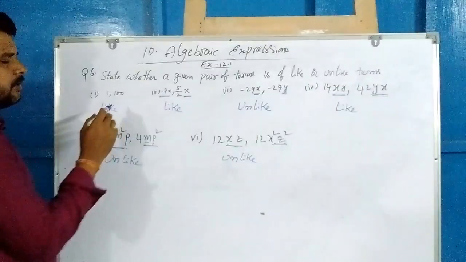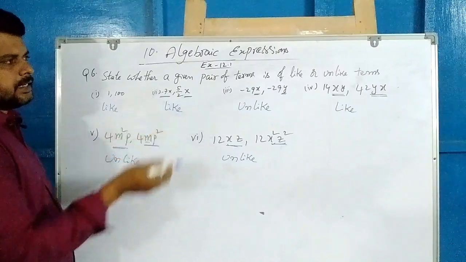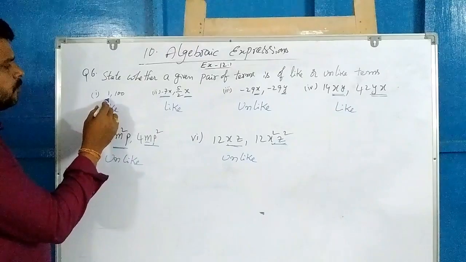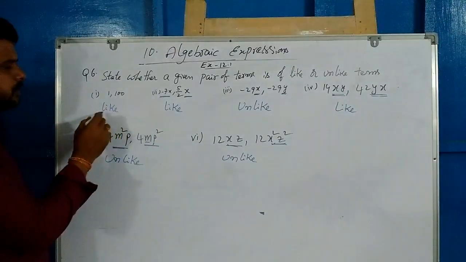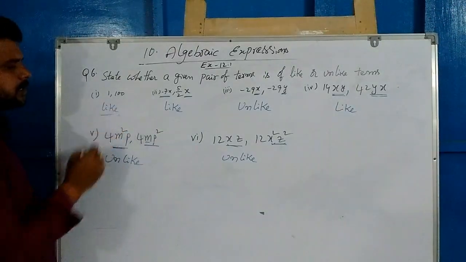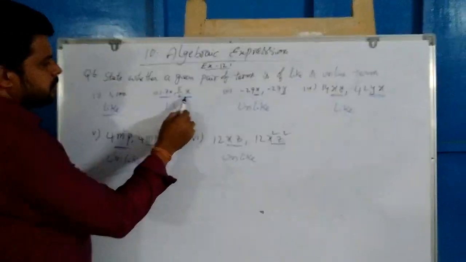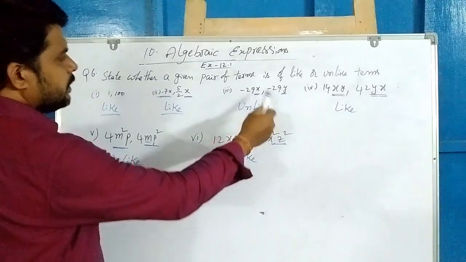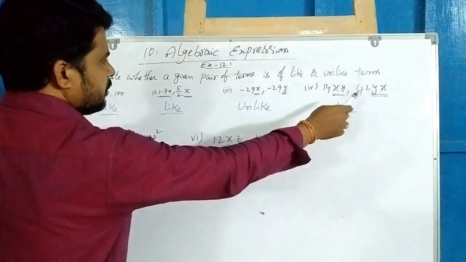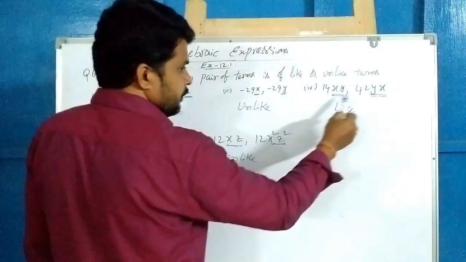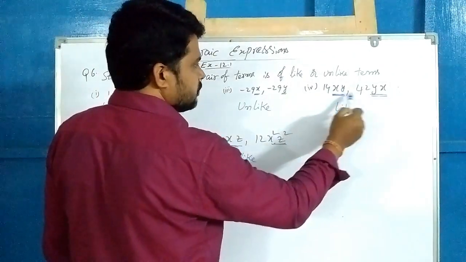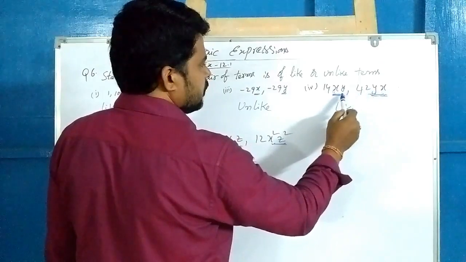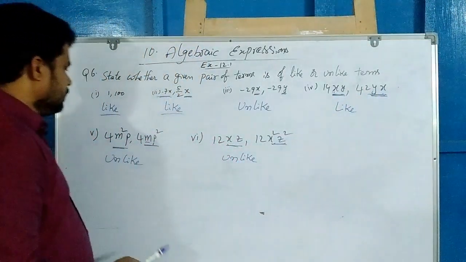So for the pairs of terms, like means the same type of variables we have, like terms. Remaining are unlike. So 1 and 100 are coefficients, that means constant values. So both are same. Here is the variable x, so like terms. Here the variables are different, so unlike. xy, yx, both are same, so like terms.